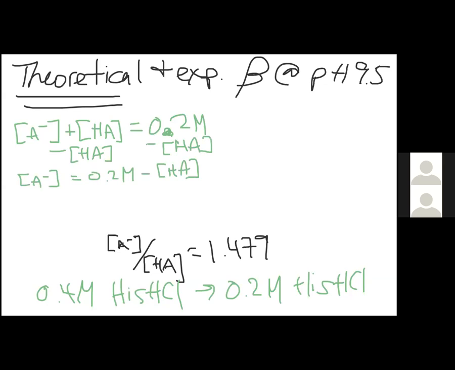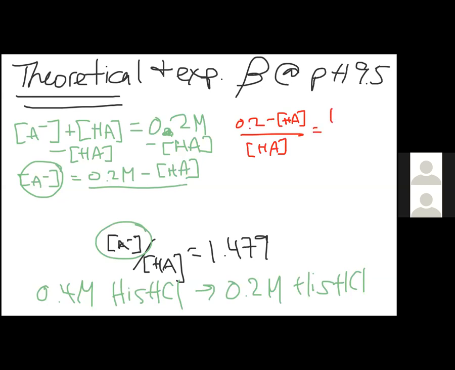So every time I see the conjugate base concentration in the ratio equation that we solved earlier, I will substitute in 0.2 molar minus concentration of the acid. That now gives me 0.2 molar minus the concentration of the acid, divided by concentration of the acid, equals this ratio of 1.479.